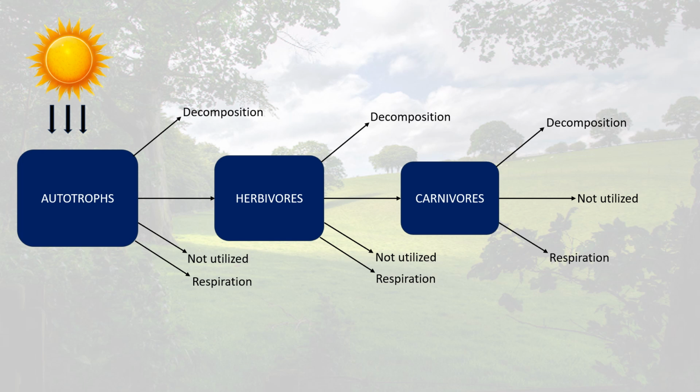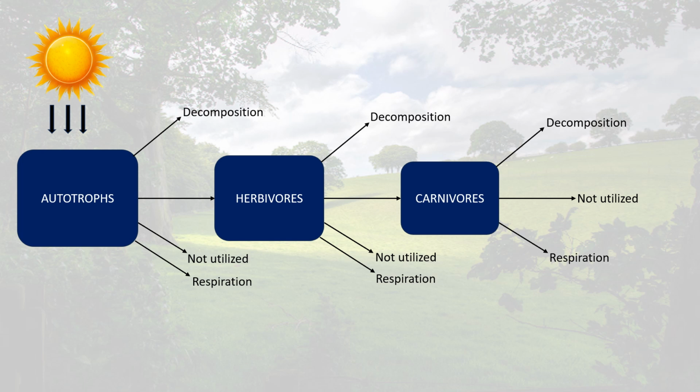This model depicts that much more energy is available for herbivory than is actually consumed by herbivores. It means the autotrophs have a large amount of energy within themselves, but all the energy is not used by the herbivores.